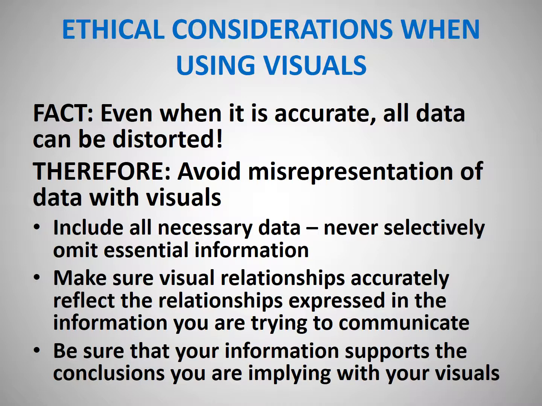All right. I hope it's obvious that a lot of what I'm saying here is especially relevant when you are trying to convince someone to do something or to believe something. But distortion can happen even when you're trying to show somebody how to build something.